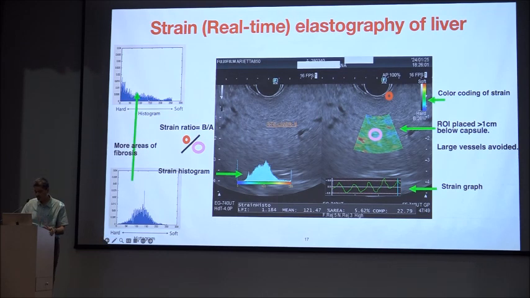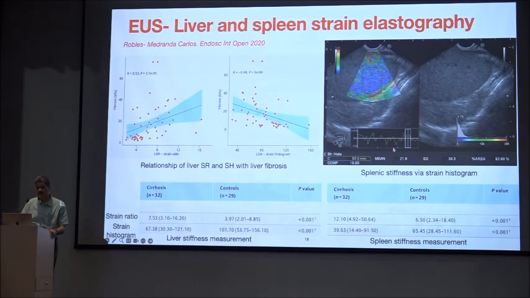So the advantage of this technique, strain elastography, is possibly that inflammation may not influence this much, and congestion and other factors where the VCTE or fibroscan actually may be inaccurate. This, since it gives you a relative stiffness in this ROI, may be more accurate. Now, very few studies have looked at this.